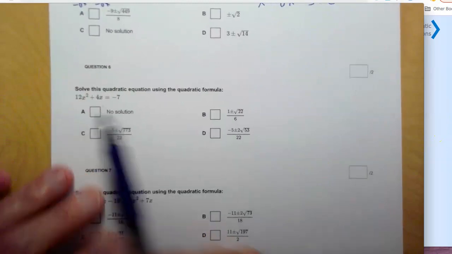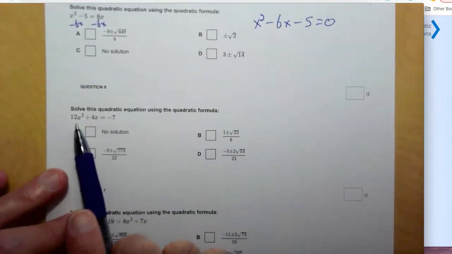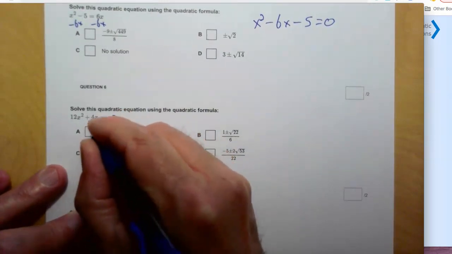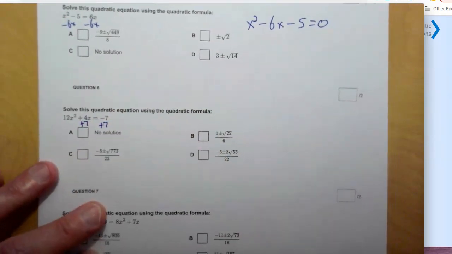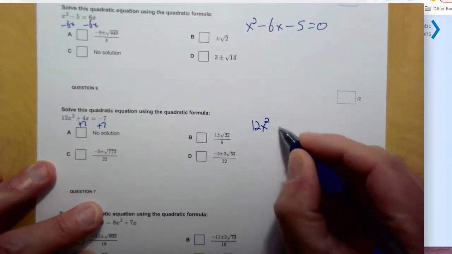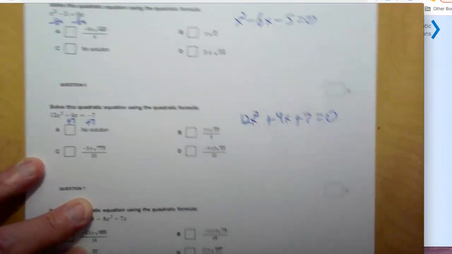All right, now we're looking at number 6. How many of these are there? Oh, not too many. Number 6, add 7 to both sides. This becomes 12x squared plus 4x plus 7 equals 0.